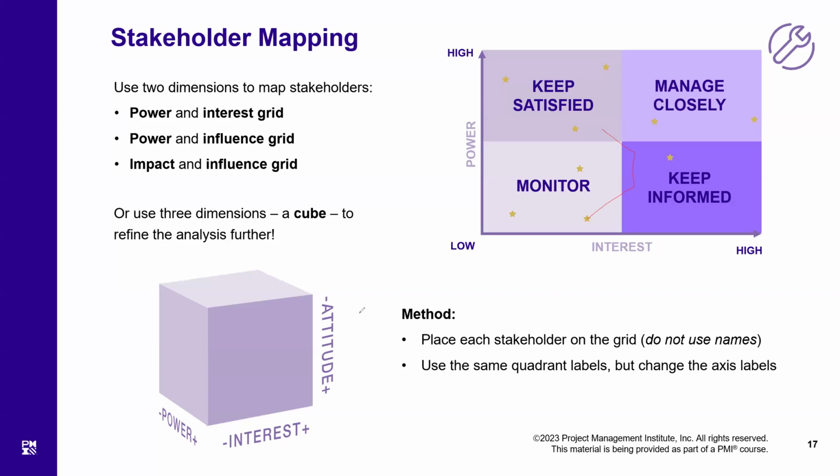On the other hand, we also talked about another method, which is a little more detailed, and that is where we try to analyze the stakeholders on three parameters. Now, generally, two parameters will work, and the grid method is all right with us.